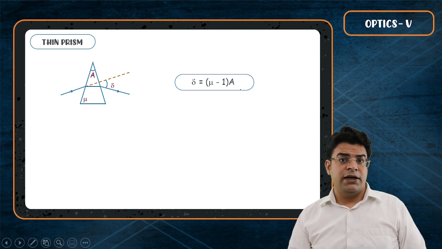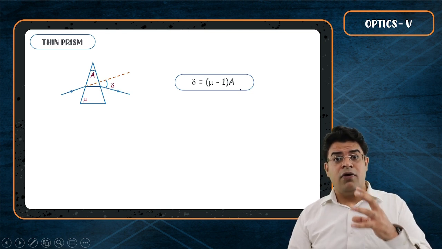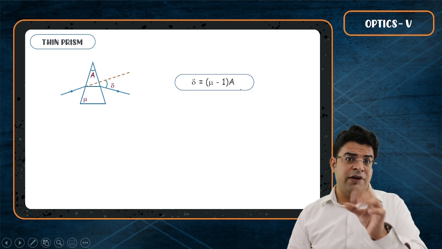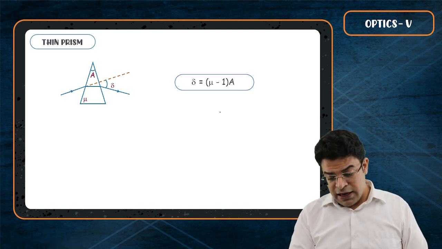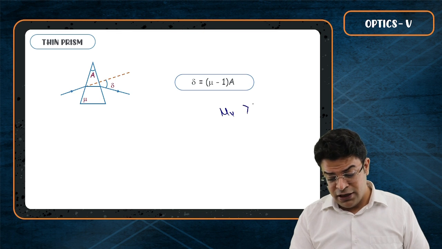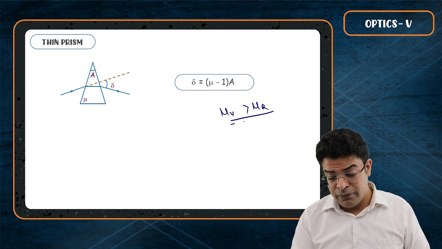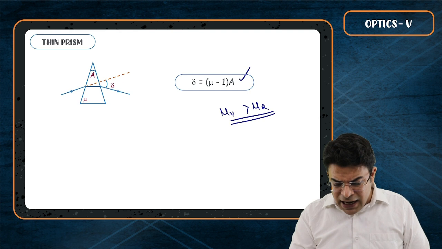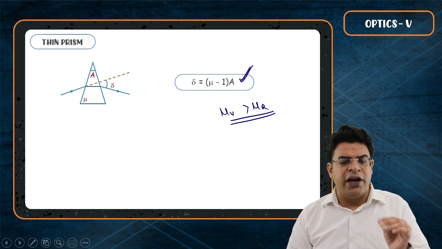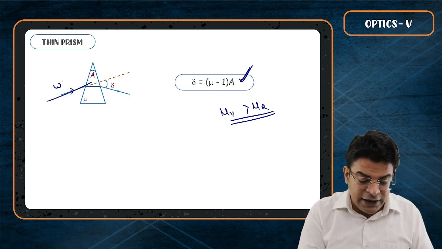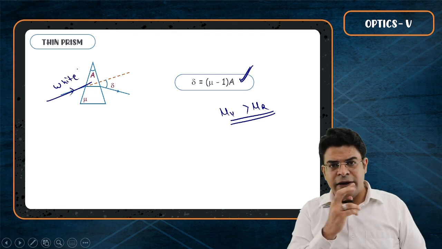Now we know that different colors of light have different refractive indices. We know that the refractive index for violet is greater than the refractive index for red. So looking at the formula, tell me which one will deviate more if I hit white light here.